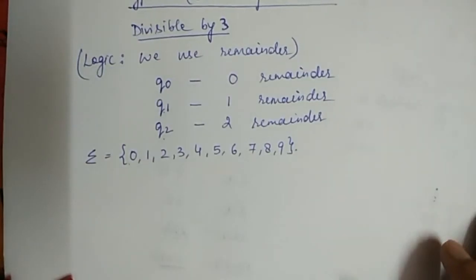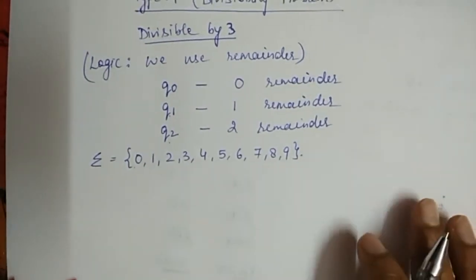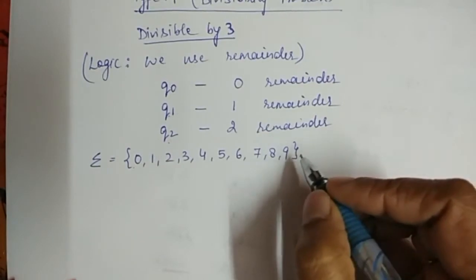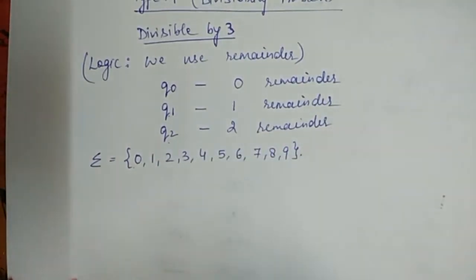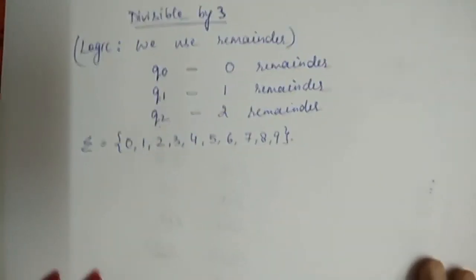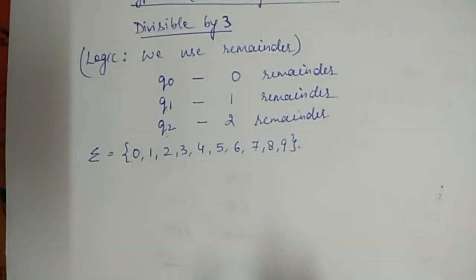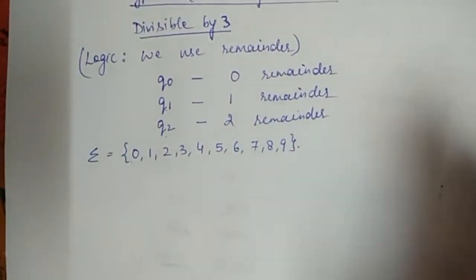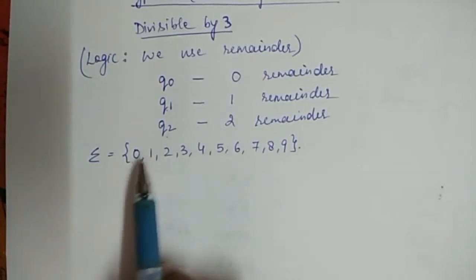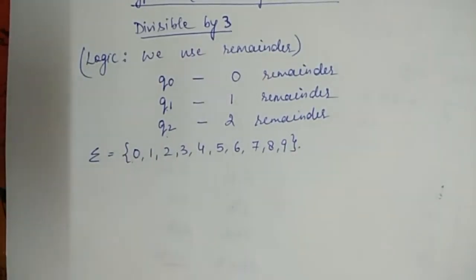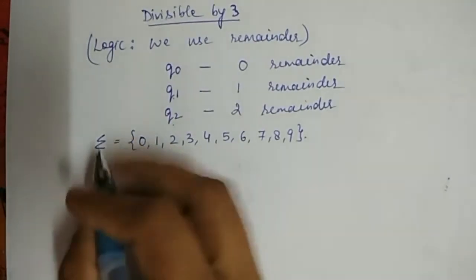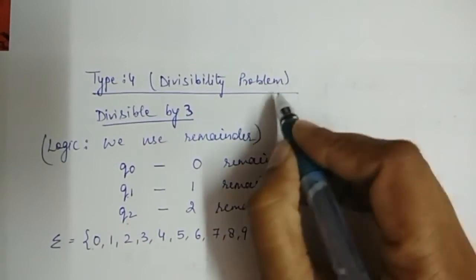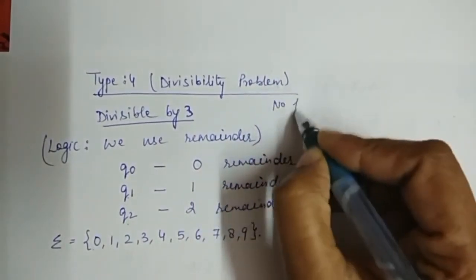When we construct the DFA at the end, you can examine that after the 9th value, that is 10, 11, 12 and so on, all the values come while taking only these 0 to 9 values. Okay, so in this case the main important point is that in the divisibility problem there is no final state.